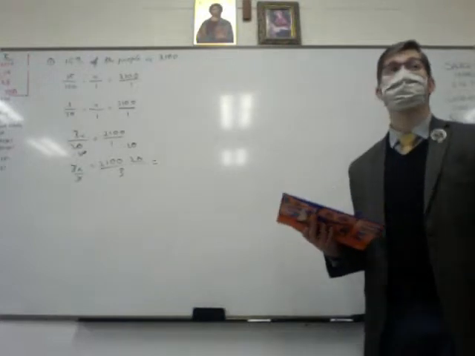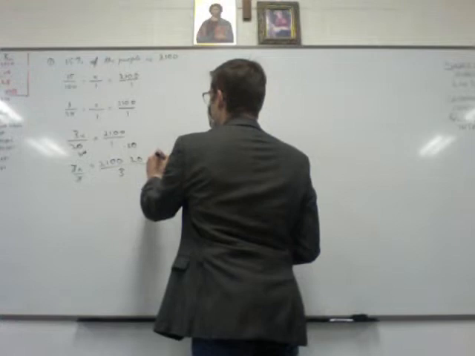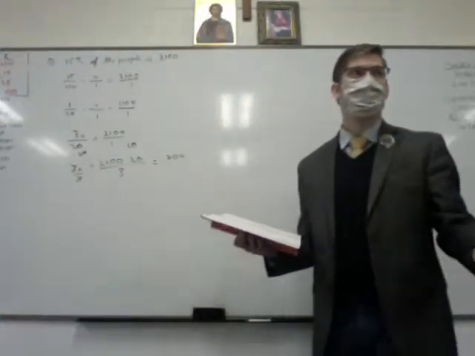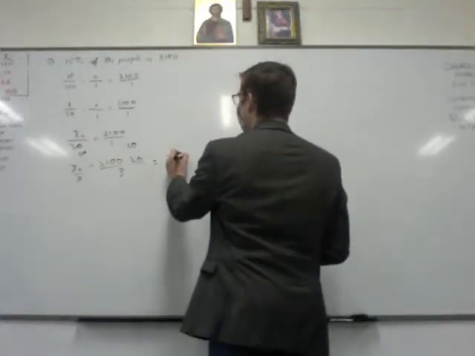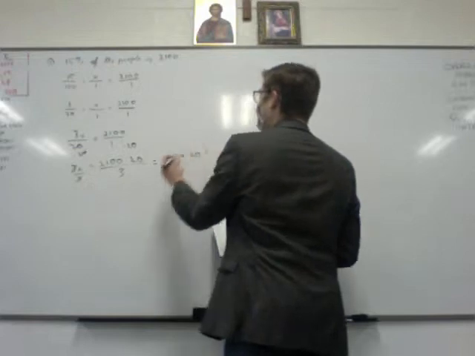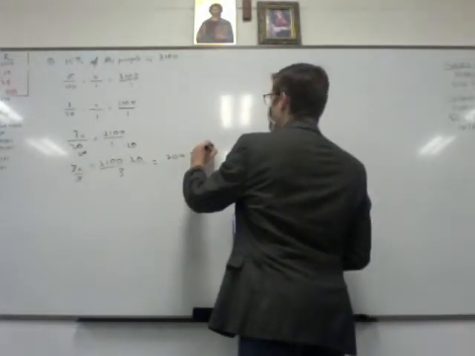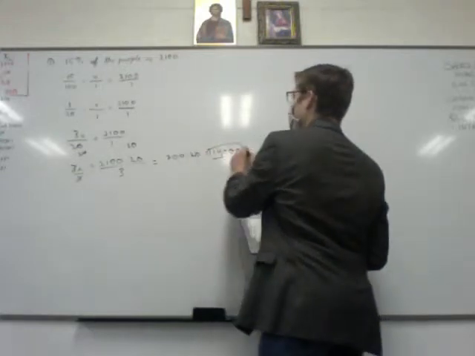Let's make our lives easier. 2,100 divides by 3 easily to 700, because notice it's 21 with 2 zeros after it. So 21 divided by 3 is 7, so 2,100 divided by 3 is 700. So it was 700 times 20. That's easy: 7 times 2 is 14, and then we put 3 zeros after it. There's 14,000 people total.